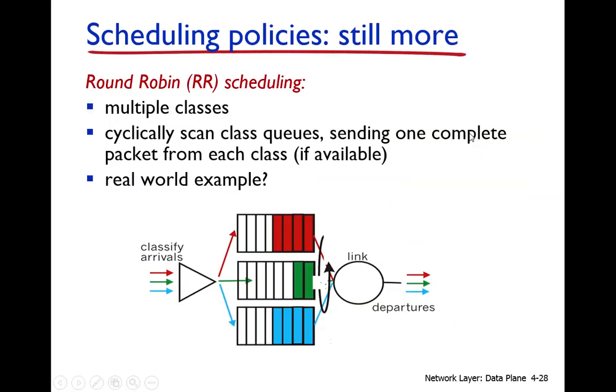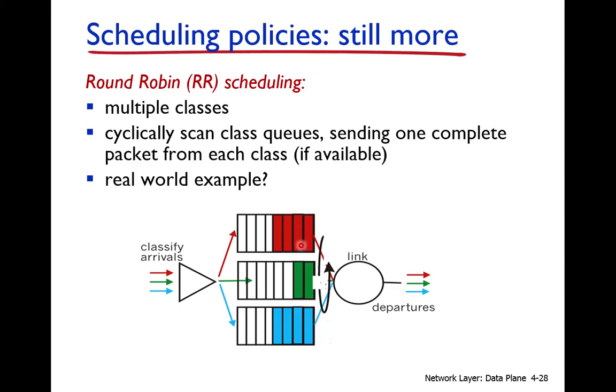We have another mechanism that is called round robin scheduling. What does it mean? For example, the arriving packets are classified into 3 categories: this is with the higher priority, this is with the lower priority, and this is with the lowest priority. When the link is free, we take one packet from each queue. First we transmit one packet from this queue, then one packet from this queue, then one packet from this queue, and then we go back to this.